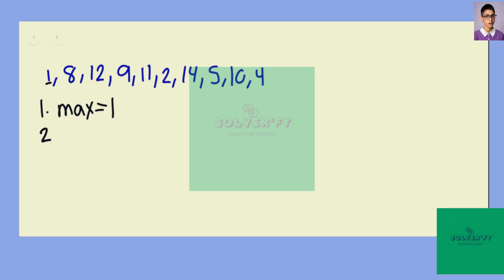So step 2 is going to be to compare the next element in the list with our current maximum, right? So the next element in the list is 8. So we want to check to see if 1 is less than 8. Okay, and in this case it is, right? So yes, it is. And since it is, then we want to set our maximum equal to 8.